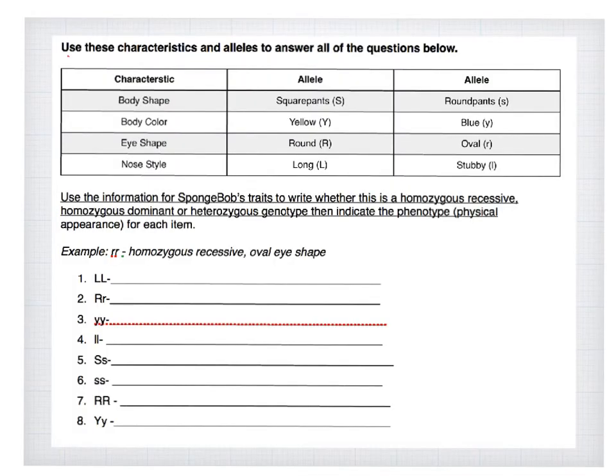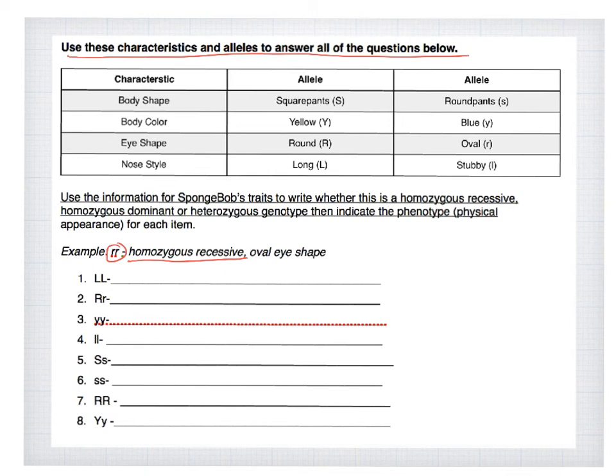Okay, we're going to do a couple of examples using the characteristics in this table to answer these questions. Using information from SpongeBob's traits, write whether this is a homozygous recessive, homozygous dominant, or heterozygous genotype, then indicate the phenotype, the physical appearance, for each item. So this, little r, little r. They're both lowercase, they're both the same letter, so they'd be homozygous recessive.